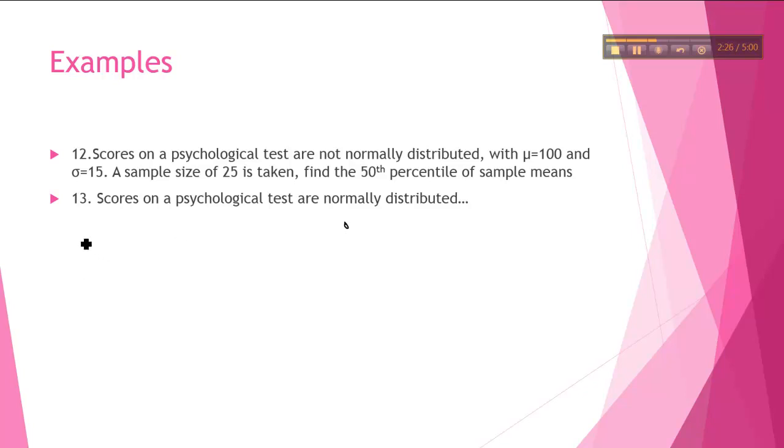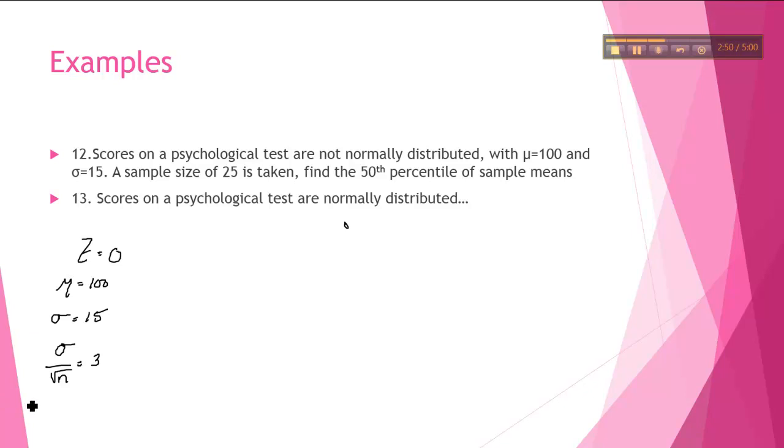So I know my z is equal to 0. I know that my mu is 100. I know my sigma is 15. I know that my sigma over the square root of n is 3. What else do I know? I think I know enough to find my x bar.